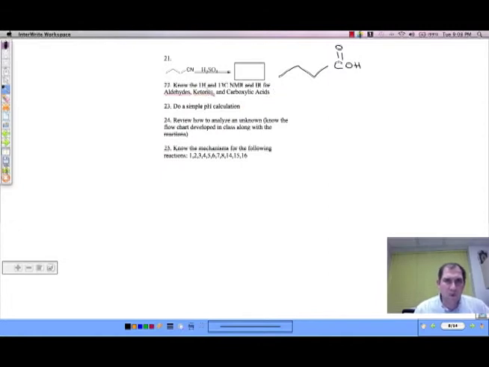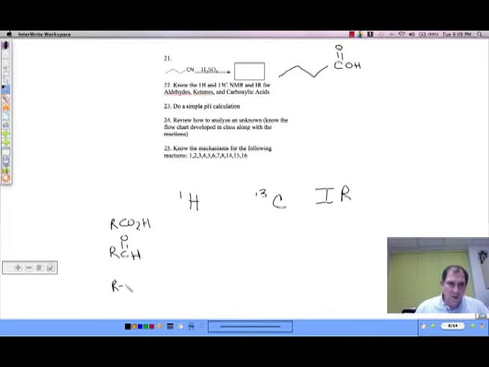This says proton NMR, and so we're going to put 1H down here, and we're going to put 13C, and we'll put IR. If we have RCO2H, then we have RC double bond O, H, and the lowest man on the totem pole is always the ketone.